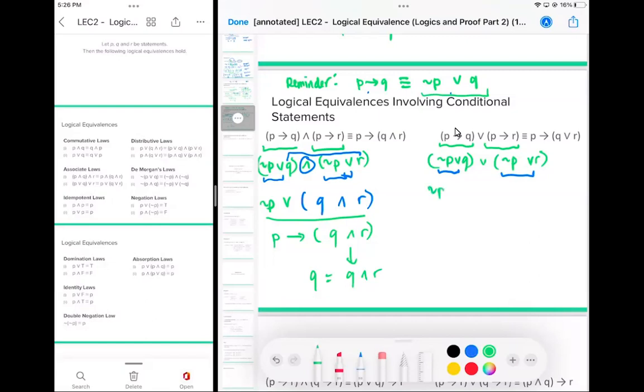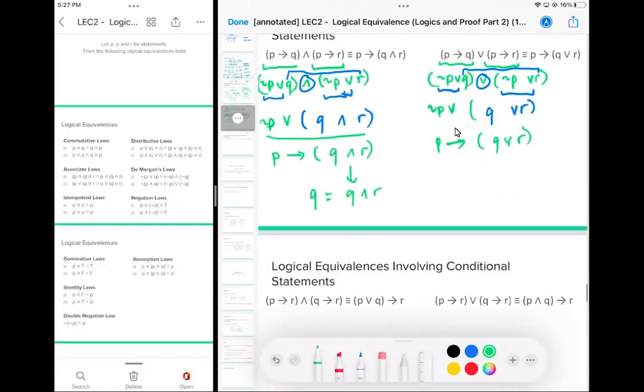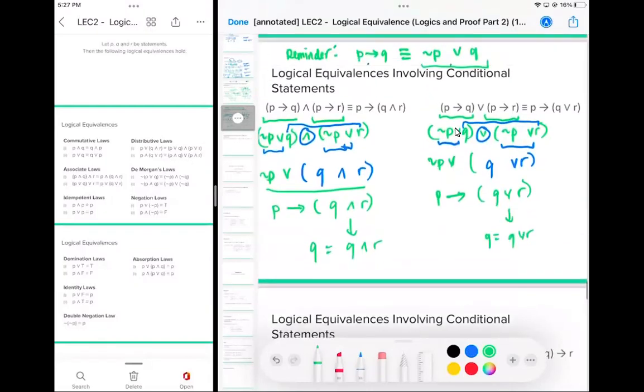So we have not P or the Q or R. Okay, so we can now express it as P implies Q or R. Okay, so we can assume that Q is equal to Q or R. Okay, so which gives us the P implies Q form.